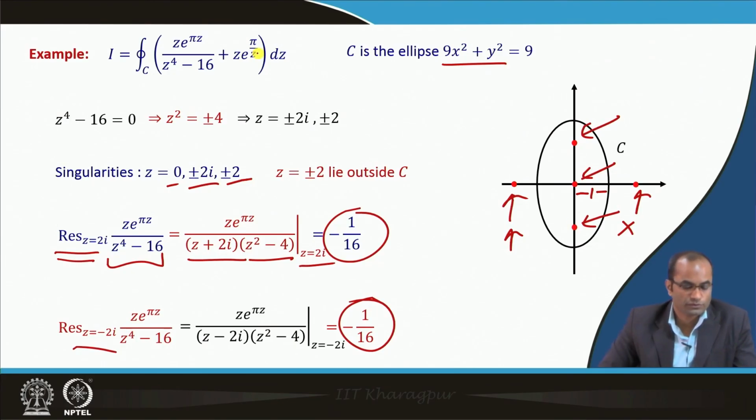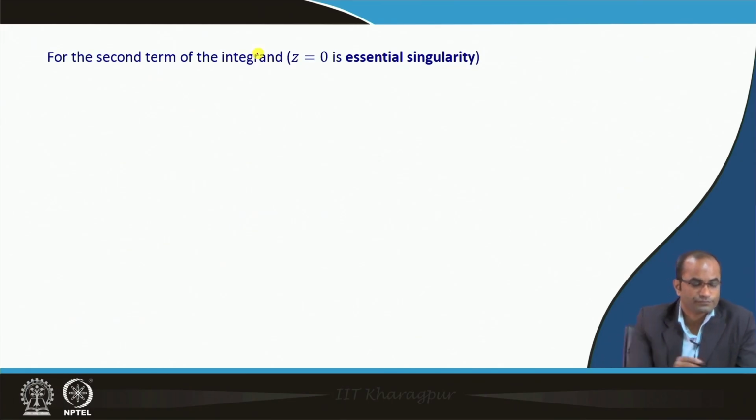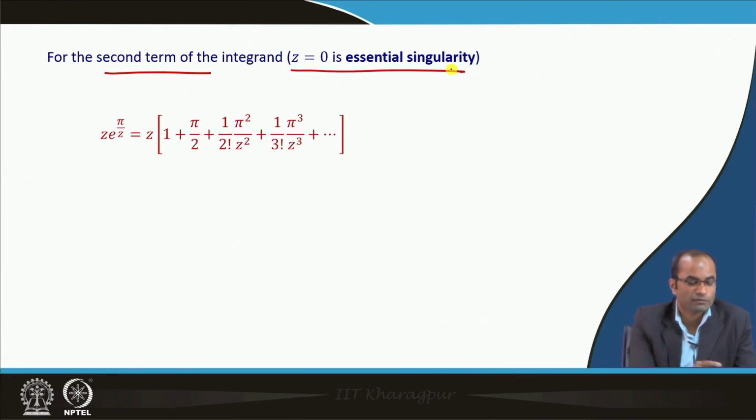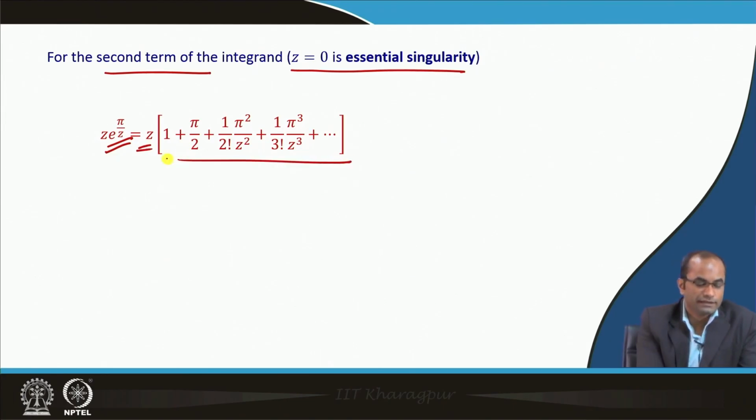z equal to 0 we also have to see, which appears in the second term, and this is an essential singularity, as we have seen, since it is appearing in e^(pi/z). So, we have z, and then we have the expansion for e^(pi/z).